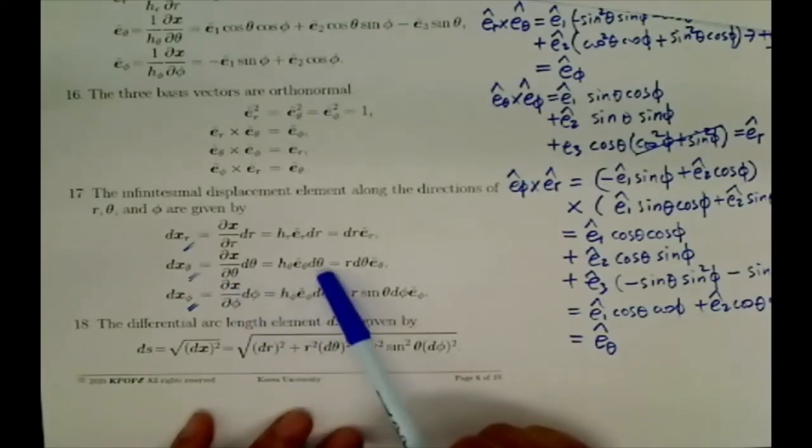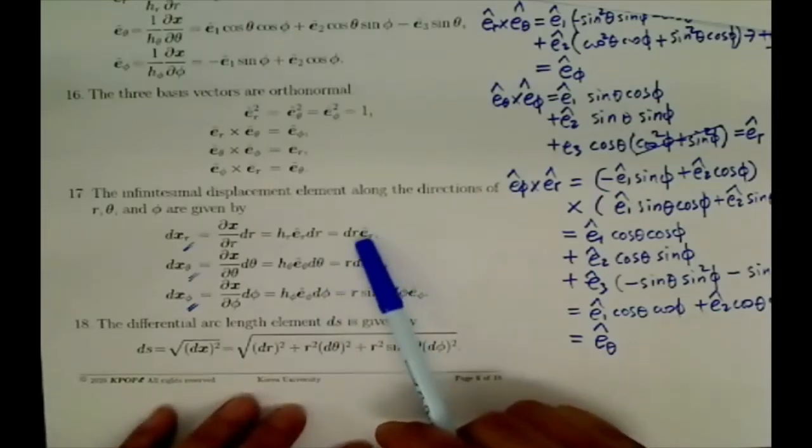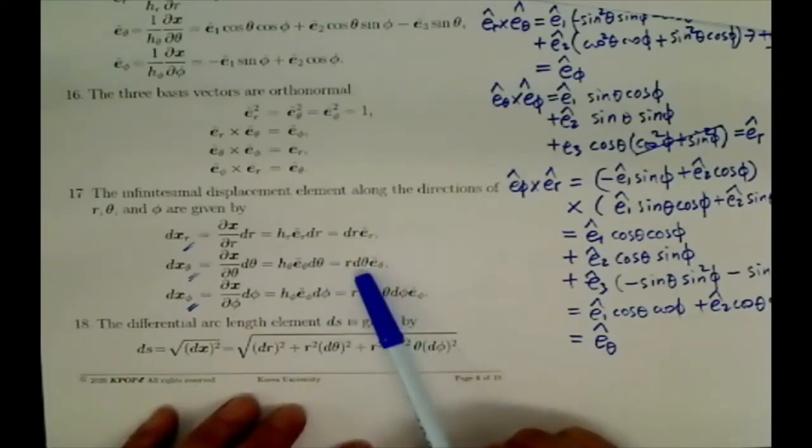The magnitude is just the scale factor multiplied by that coordinate change. So the displacement has the dimension of length: dr is length, r d theta has the dimension of length, and r sine theta d phi has the dimension of length.